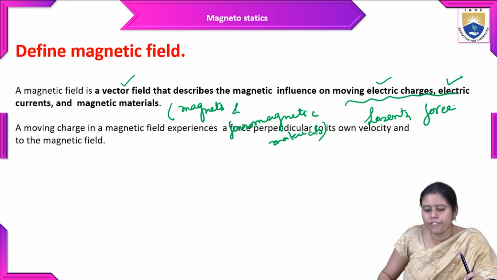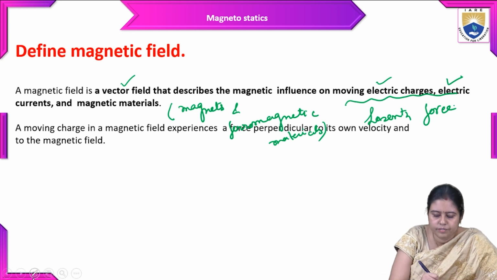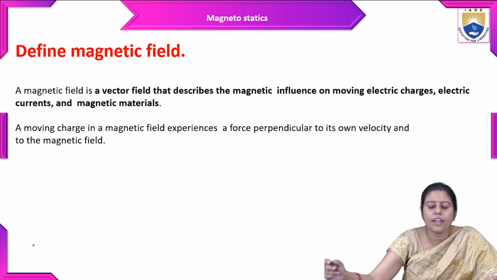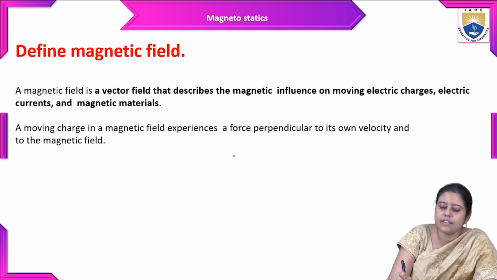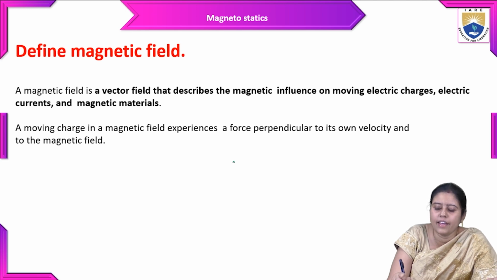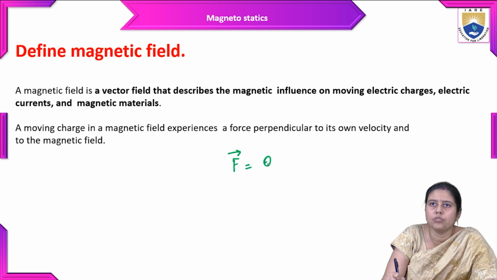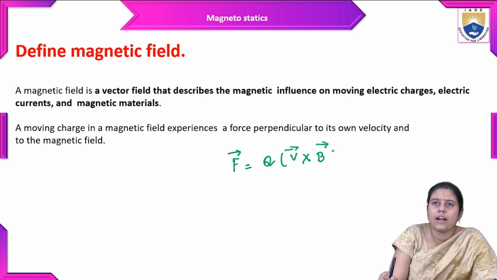In the magnetic field, a moving charge experiences a force perpendicular to its own velocity and to the magnetic field. If any moving charge is there, then the force faced by the moving charge is equal to Q V cross B. What is B?